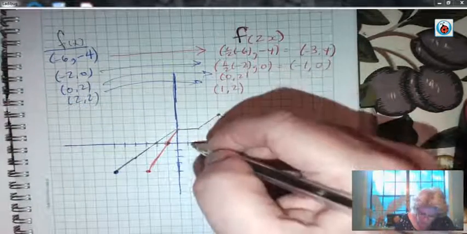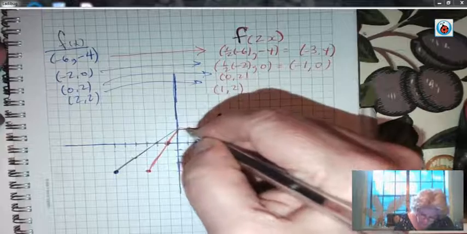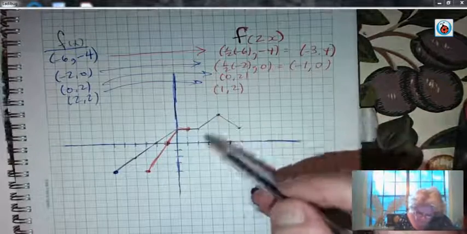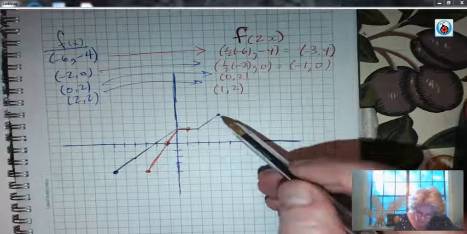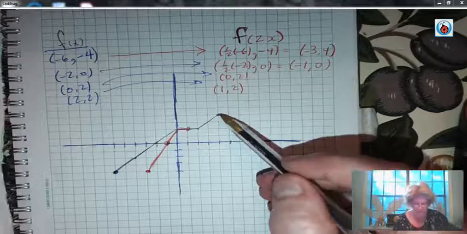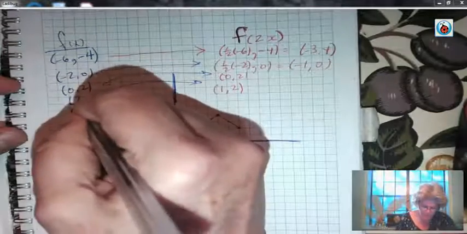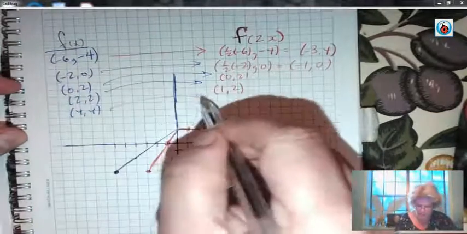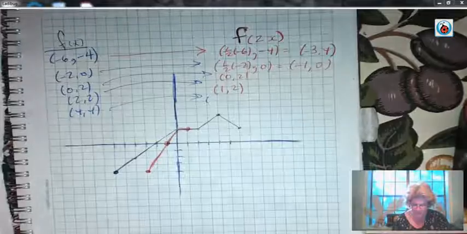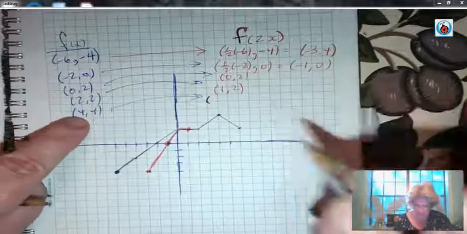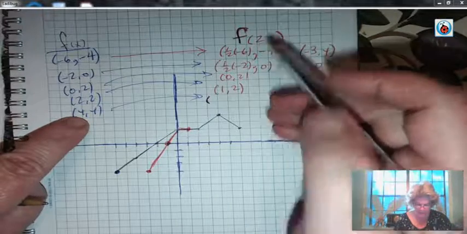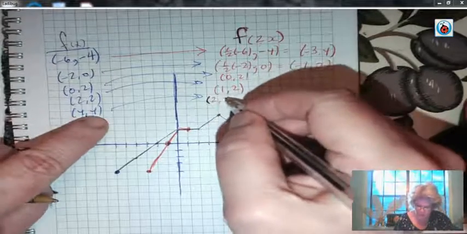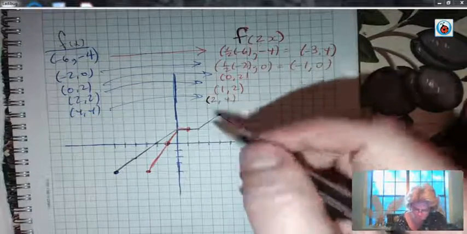So I'll have (1, 2). What's this? 1, 2, 3, 4, 1, 2, 3. That's (4, 4). And that will be mapped to, well, I'll keep the same y-coordinate, but the new x-coordinate will be 1/2 times 4. Keep the same y-coordinate. So (2, 4).